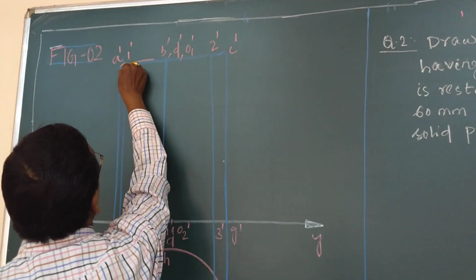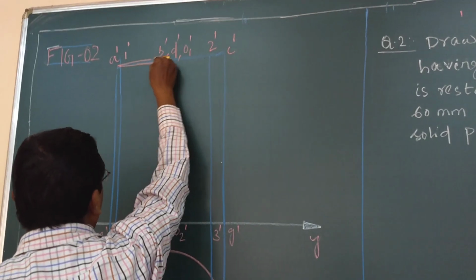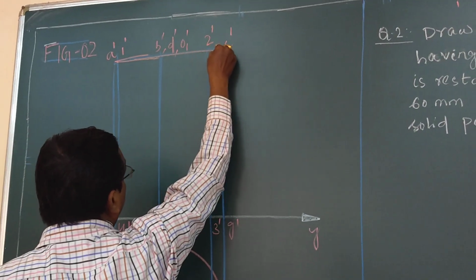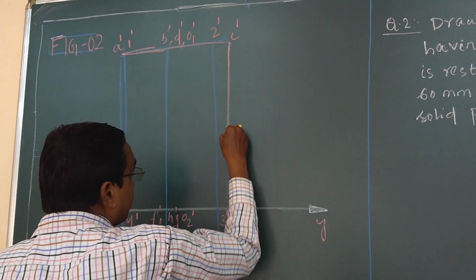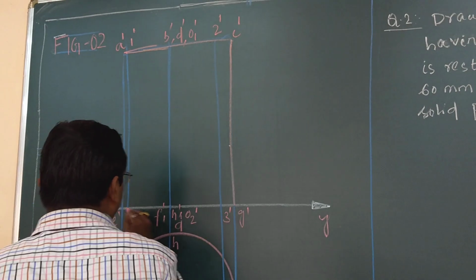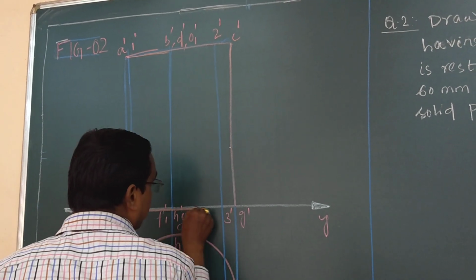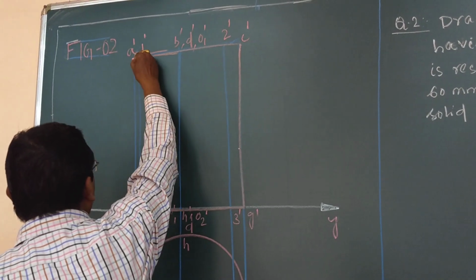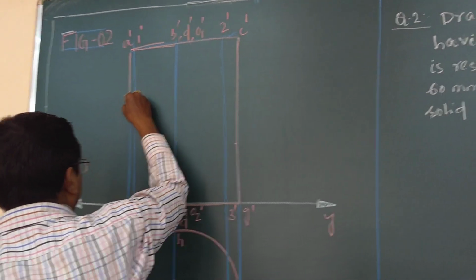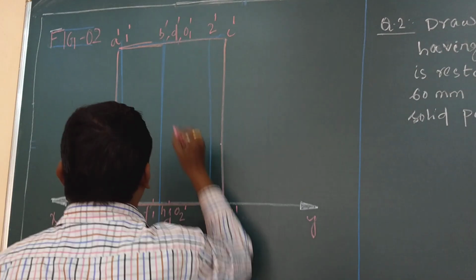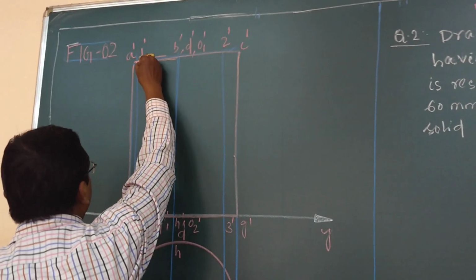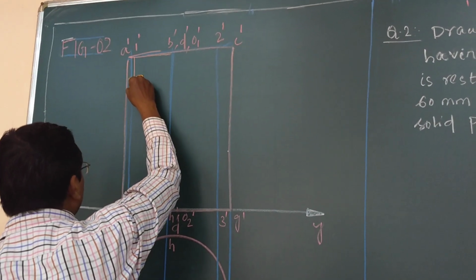one. Then also dark this 1 dash, 2 dash, 3 dash, 4 dash area.